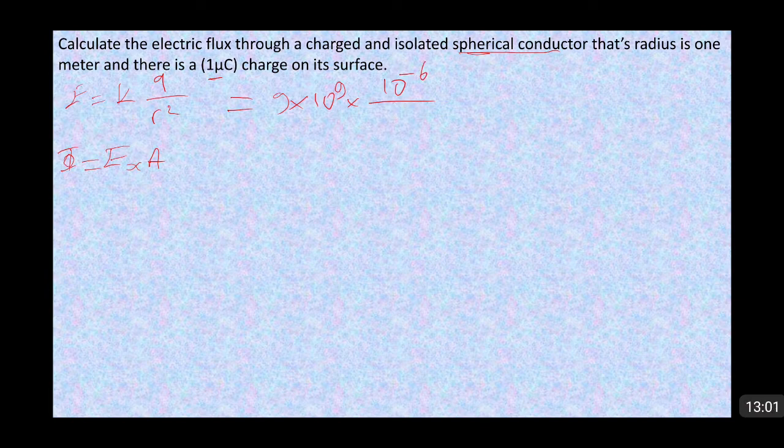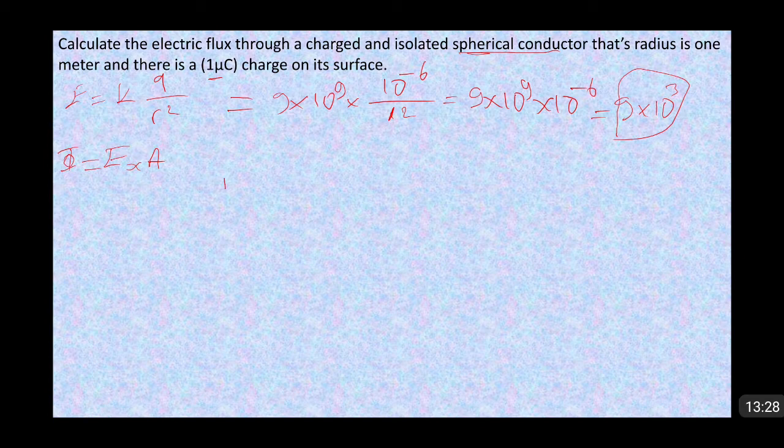squared, equals 9 multiplied by 10 power 9 multiplied by 10 power negative 6 equals 9 multiplied by 10 power 3, or 9,000 Newton per coulomb. Now we have found the electric field.